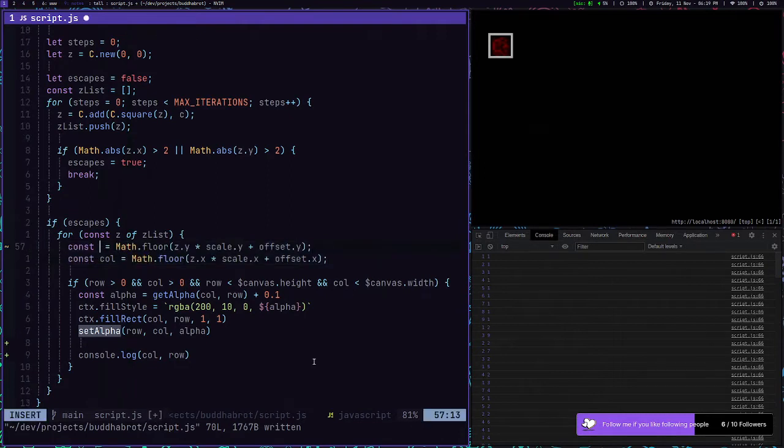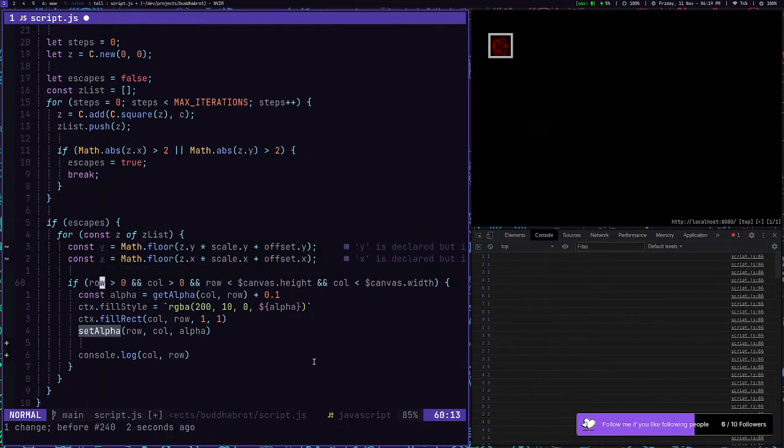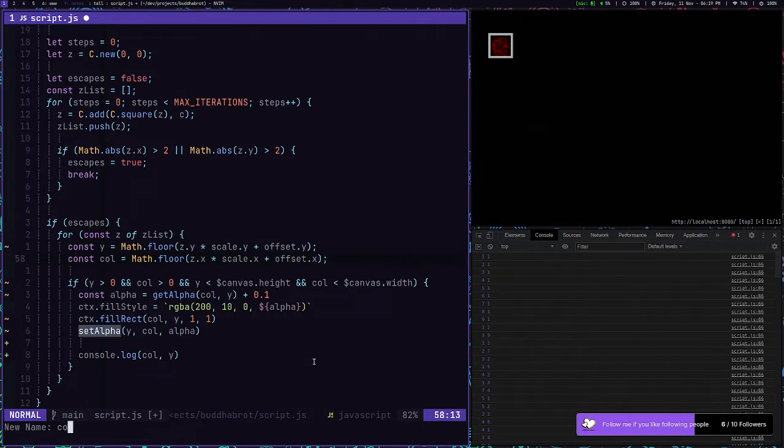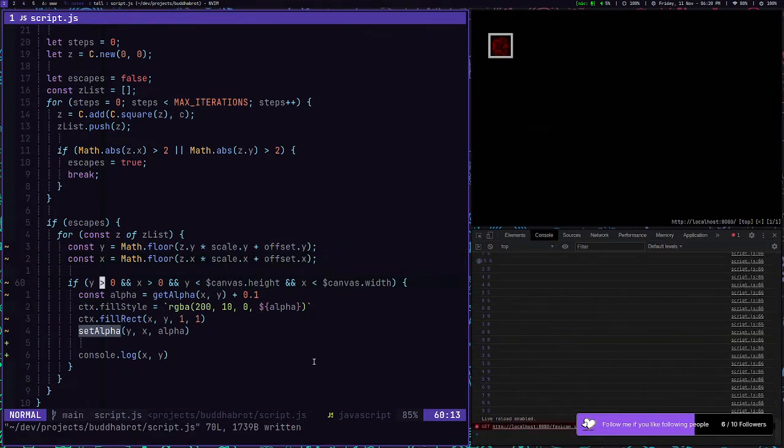Actually, it's more relevant now to do X and Y. We did row and column before because we were using get image data to plot the whole image. We just get all the pixels in the image and we iterate over it and we put it back. For that approach, it made sense. But here, X and Y is better. This, I feel like, is the only thing that could go wrong, but it seems to be correct.